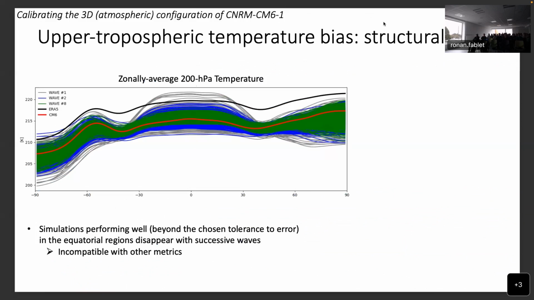Maybe an interesting one: as I said, for the 1D configuration, we can also assess some structural limits of the model. And here it's an interesting one for the temperature at the top of the troposphere. So in green, you have the wave 8 simulation. In black, this is the reference, so we are quite far. What is interesting is that at the beginning, at the first wave, we can have a few simulations that are closer to the observation, but they disappear across the successive waves, meaning that they are incompatible with other metrics that we are using.